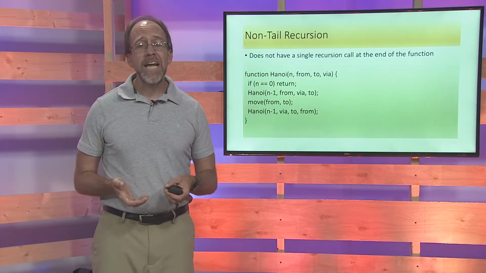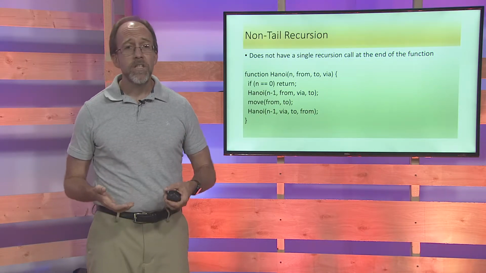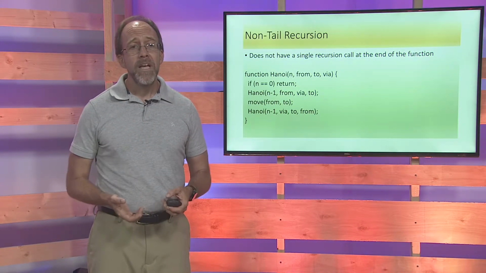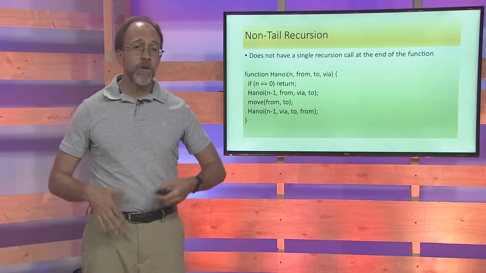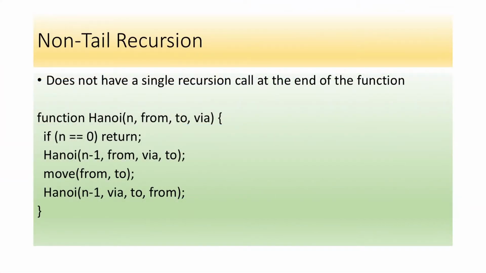One of the classic cases of recursion to solve a complex problem is the Tower of Hanoi problem. If you're in COP 3530 or any algorithms class, you're going to see the Tower of Hanoi problem. It's a classic problem that's solved with recursive calls.